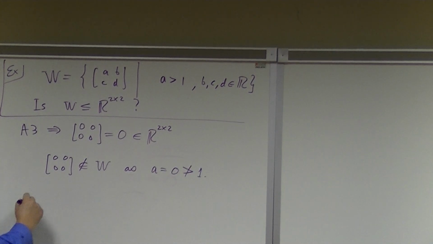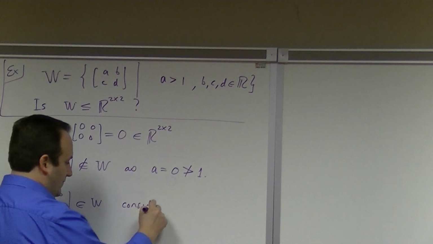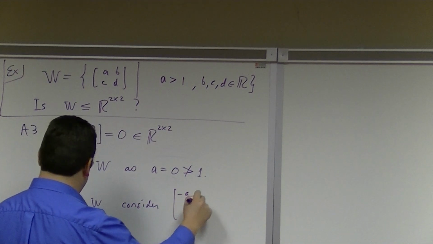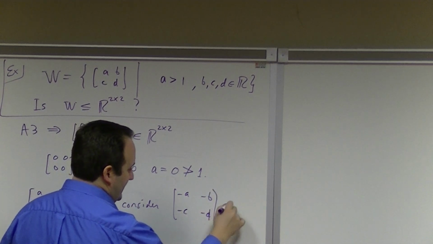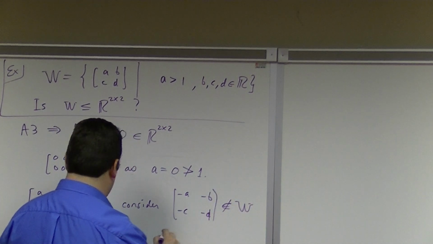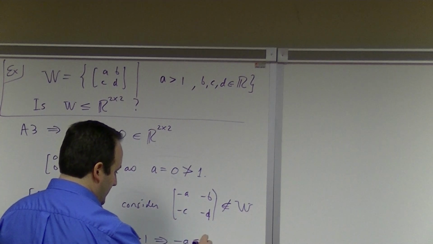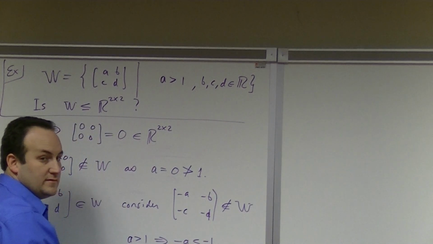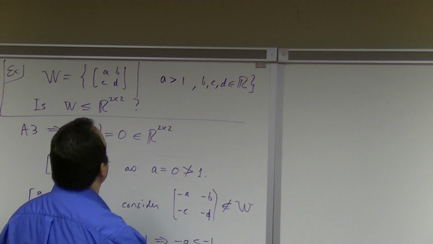Here's a simple thing. You could take a, b, c, d in W, and then consider the negative. It's pretty easy to argue that that's not an element of W, because if a is greater than 1, that implies that minus a is less than minus 1, which of course implies that minus a is not greater than 1.